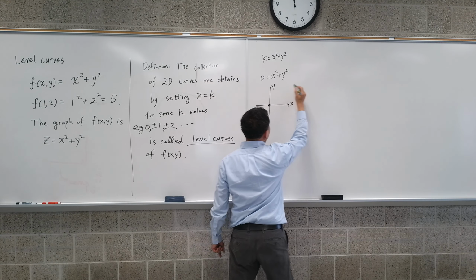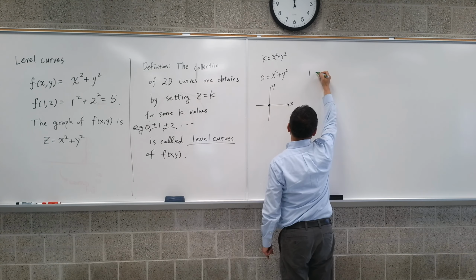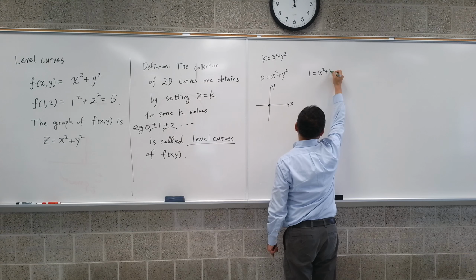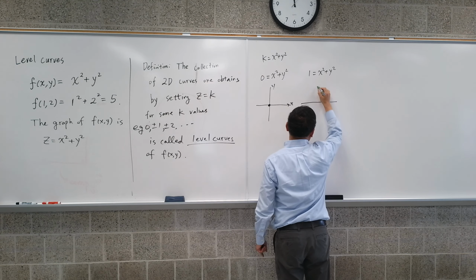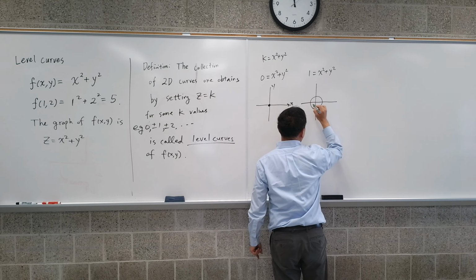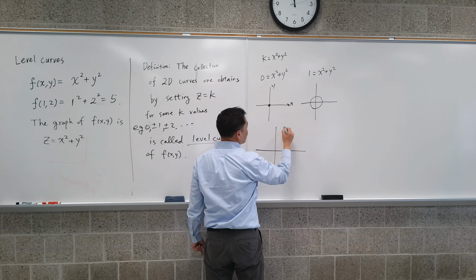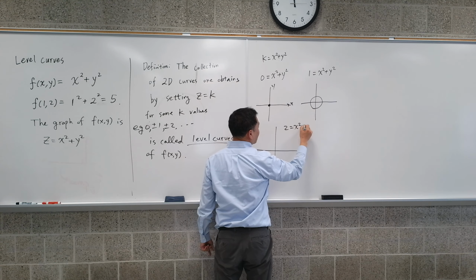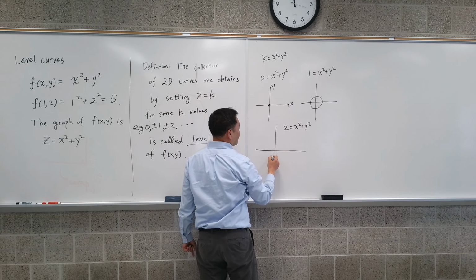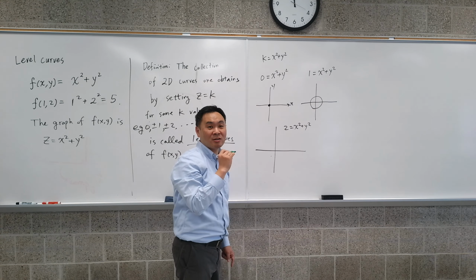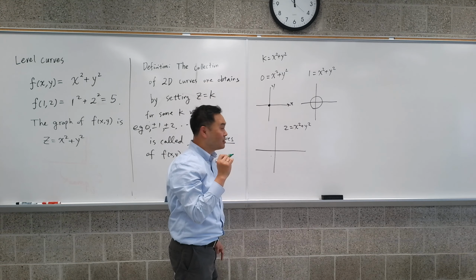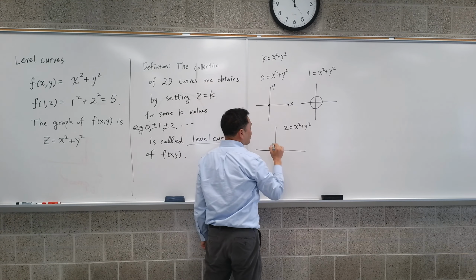What if I put 1? What does that give us? A circle of radius 1, right? And then what if I put 2 equals x squared plus y squared? Radius 2. No, not radius 2. It'll be root 2, right?